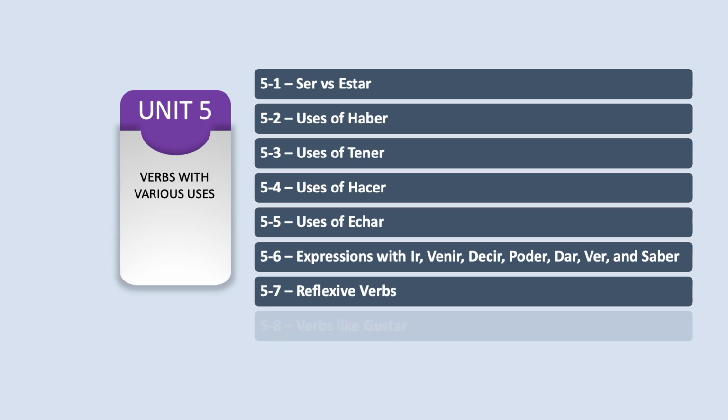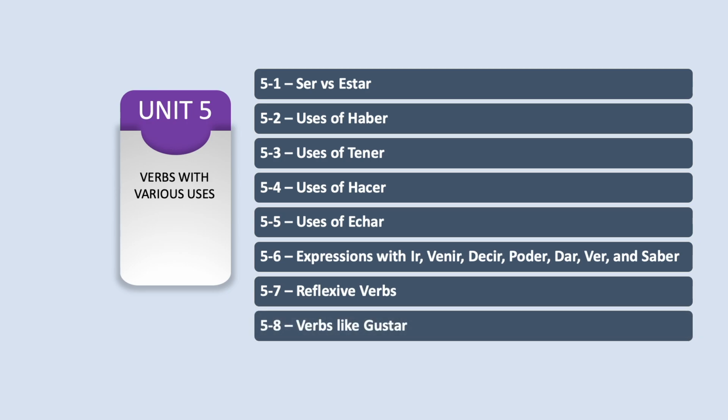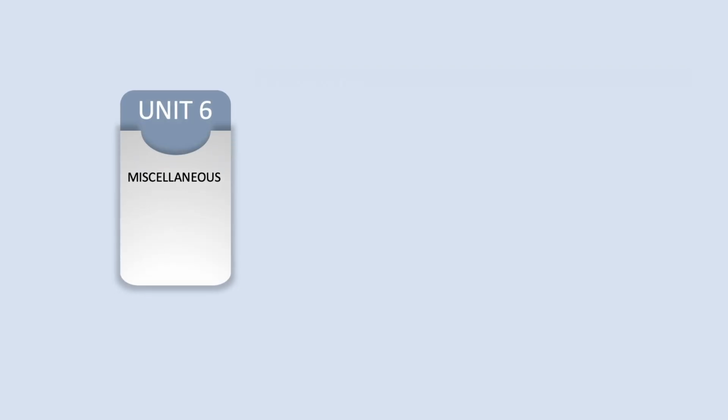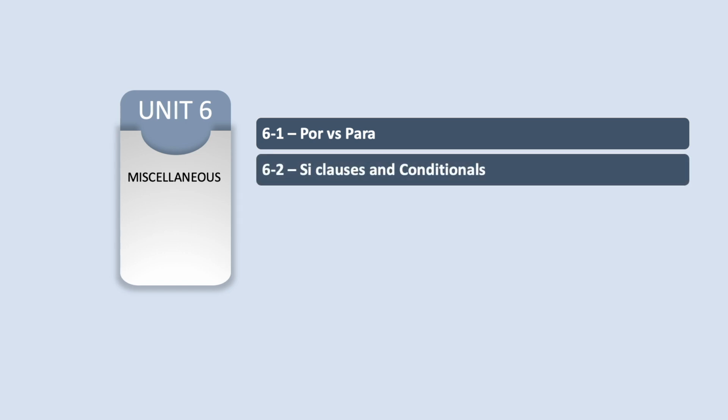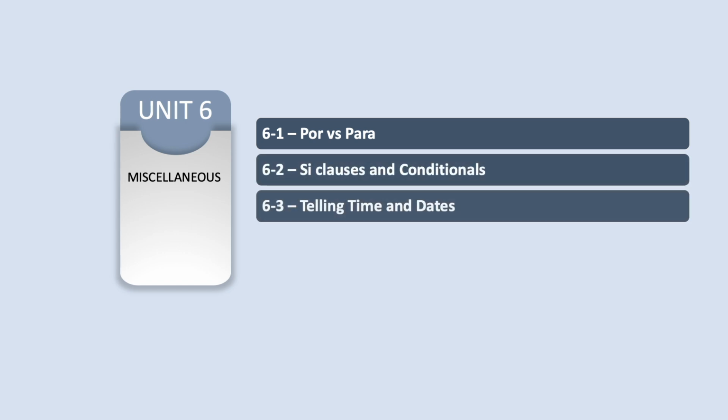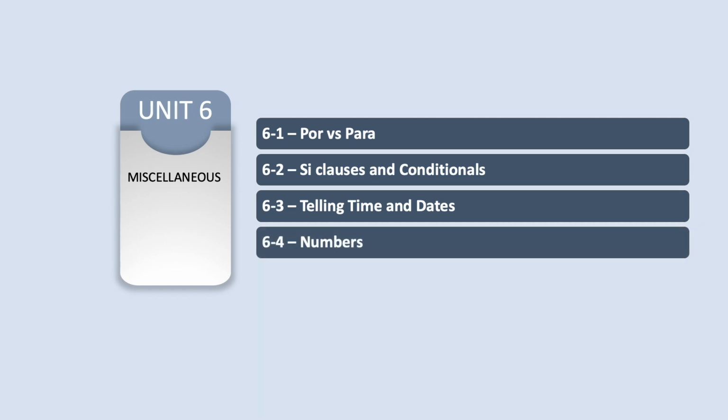We then have reflexive verbs and verbs that behave like gustar. Unit 6 is on miscellaneous topics, including the differences between por and para, si clauses and conditional sentences, telling time and dates in Spanish, and Spanish numbers.